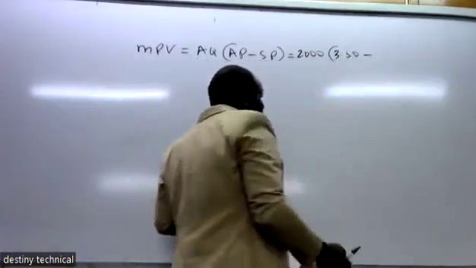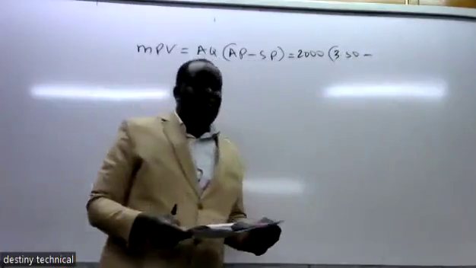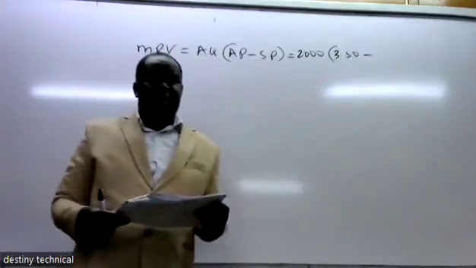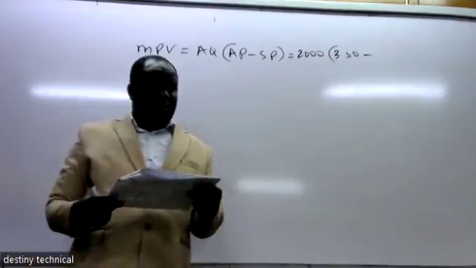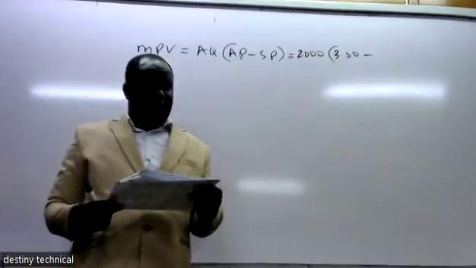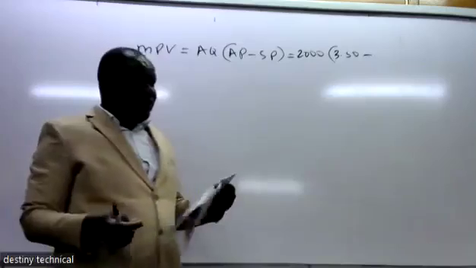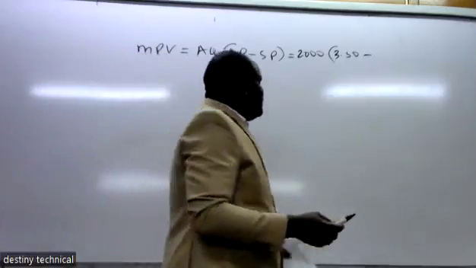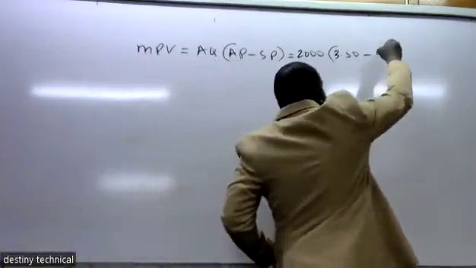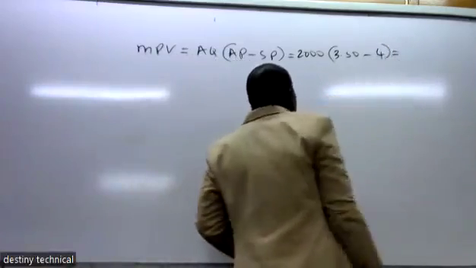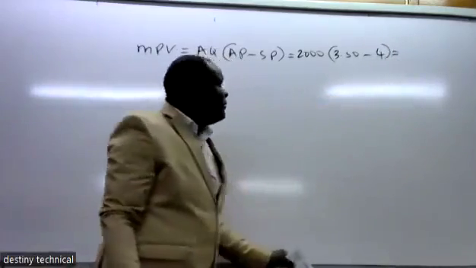The standard price you are given up there, where they say the standard cost card for Y has materials of 1 kilogram at 4 per kilogram per unit. So 4 is our standard price.